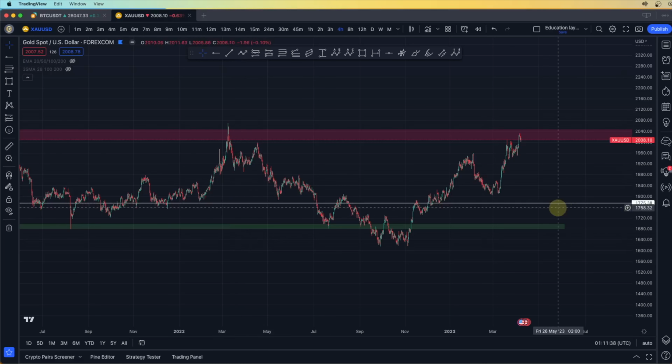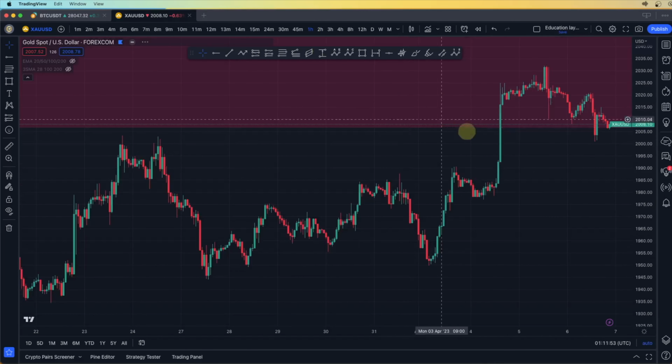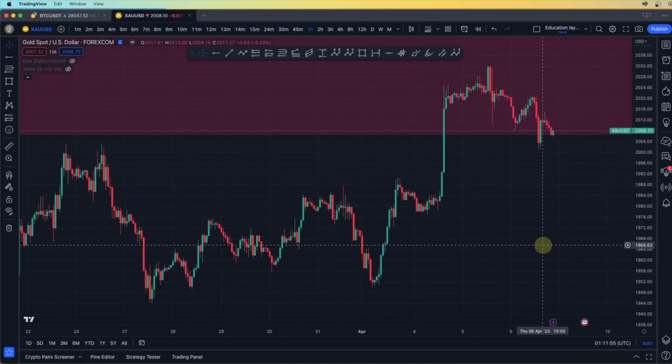If you're working on a lower time frame, you need to identify the key areas on the lower time frame as well. For example, some people trade on the 1 hour time frame. It's completely different from people working on the daily and weekly time frames.